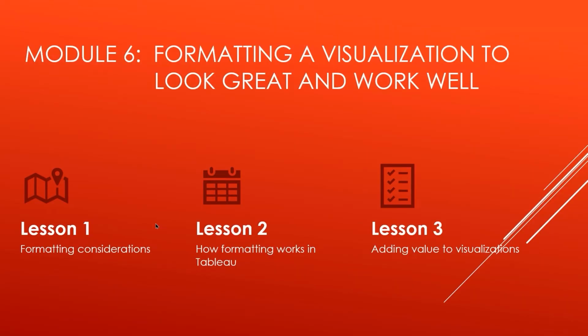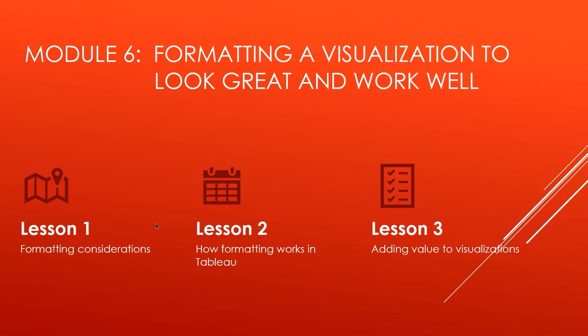In Module 6, we focused on formatting a visualization to look great as well as work well. We made our existing visualizations more appealing and understandable in this module. We started by reviewing formatting considerations and how formatting works in Tableau.